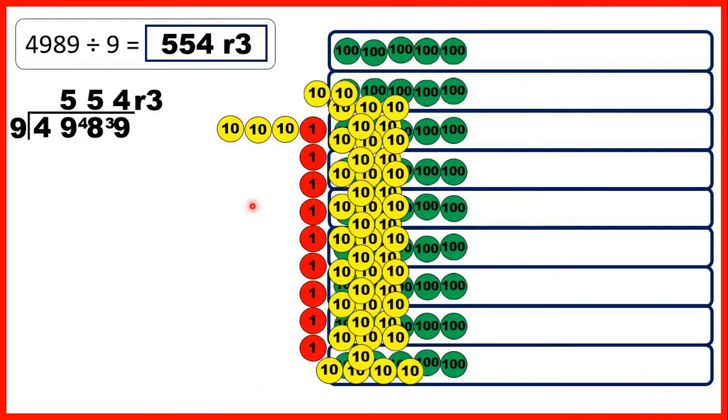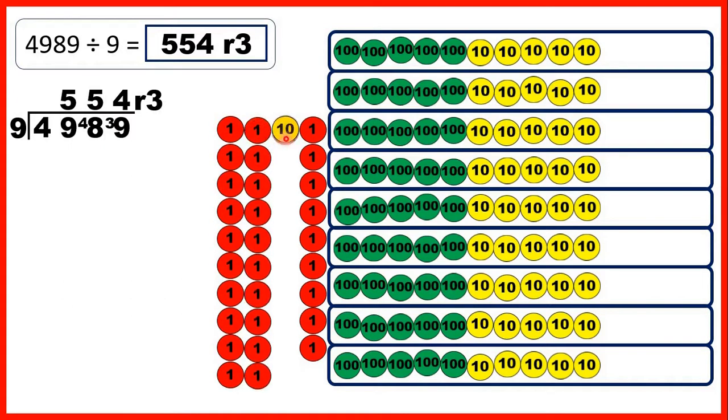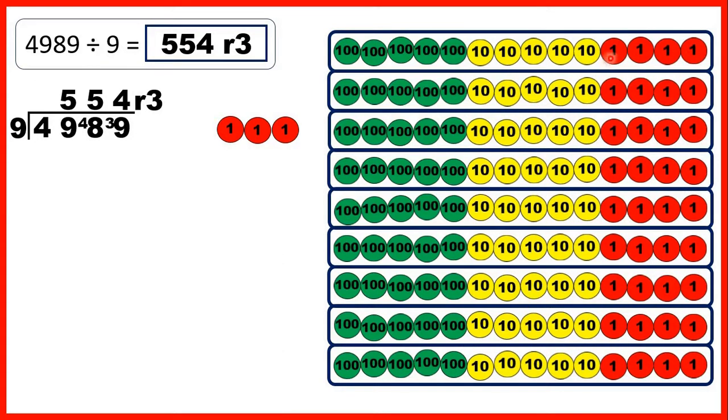We can share out 45 of these to get 5 tens in each group, and 3 tens which we can't share out. We can turn these 10 counters into ones, and that means that we have 39 ones. But we can only share out 36 of these ones, because remember, when we're dividing, we need equal groups.